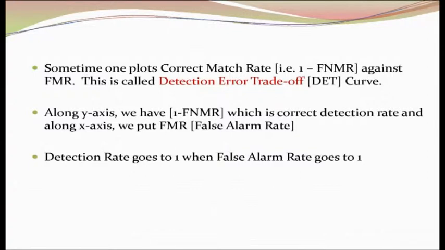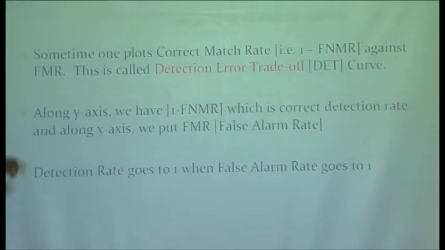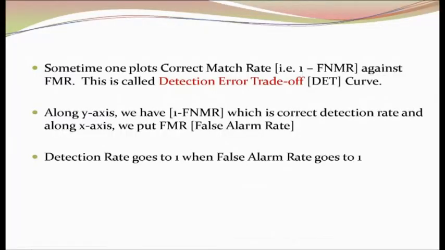Here I have the correct match rate. Correct match rate means 1 minus false non-match rate. The correct match rate plotted against the false match rate, that graph is known as DET.